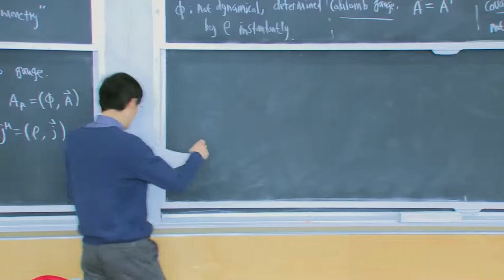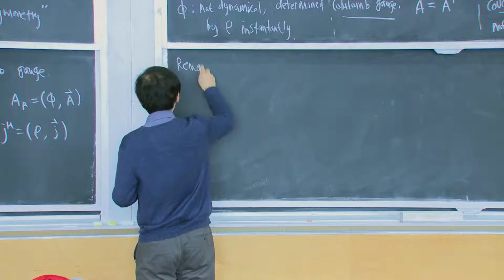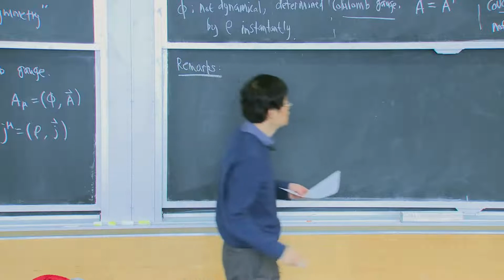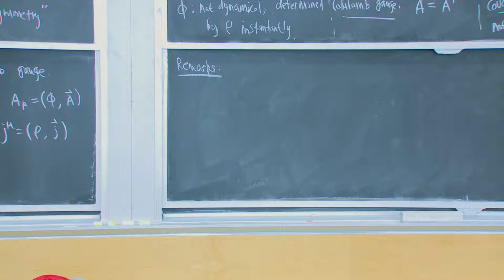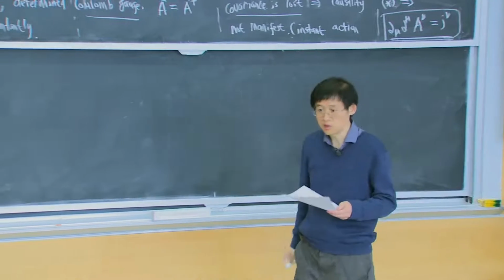Now let me also make some remarks on the Lorentz gauge. The Lorentz gauge is very convenient because it gives you seemingly decoupled equations between different A mu.